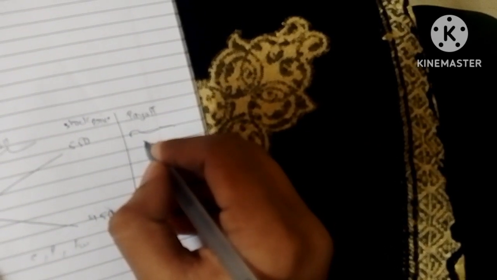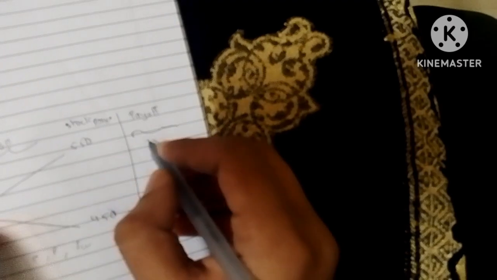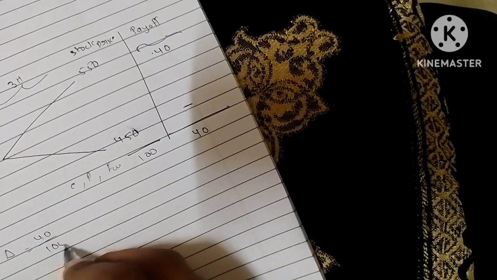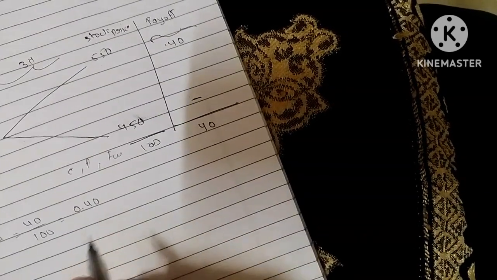From 510 to 550, the payoff is 40. If we go down, if we are pessimistic, then we will not exercise the call. So the change in payoff is 40. What is the change in stock prices? 450 to 550, which is 100. So what will be our delta? 40 upon 100, it is 0.40.